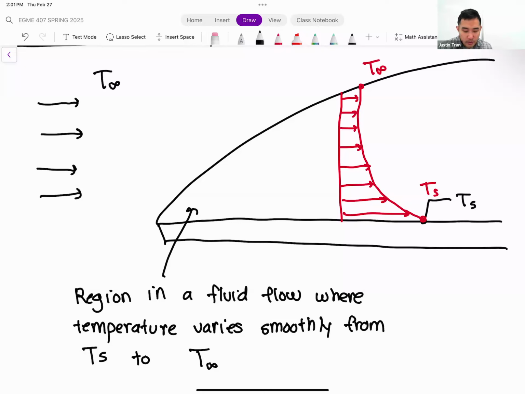So let's talk about kind of physically what's going on. So, you know, the fluid that is immediately touching the surface has to match the same temperature as the surface, right? Same as the no slip. Okay.